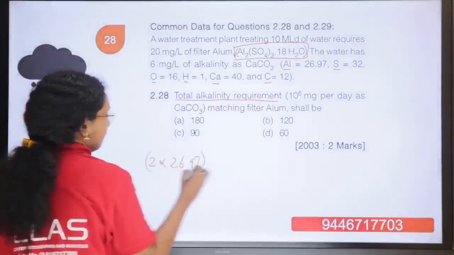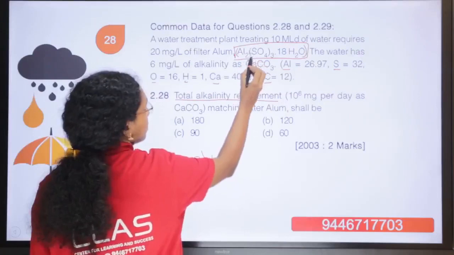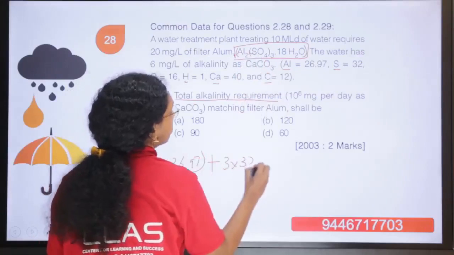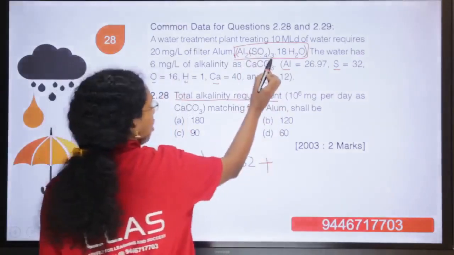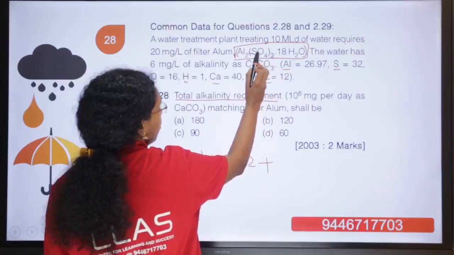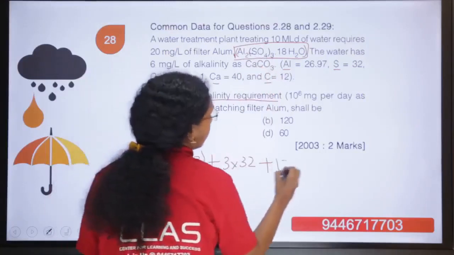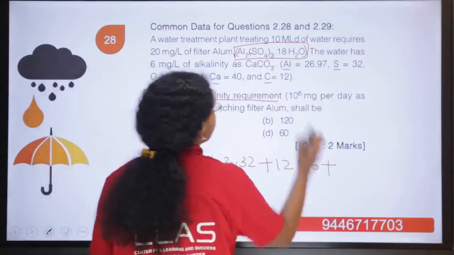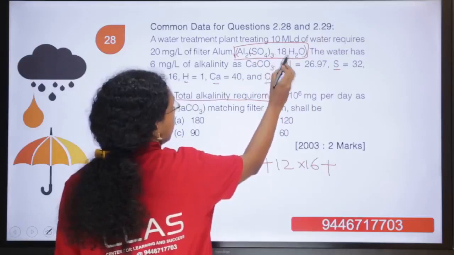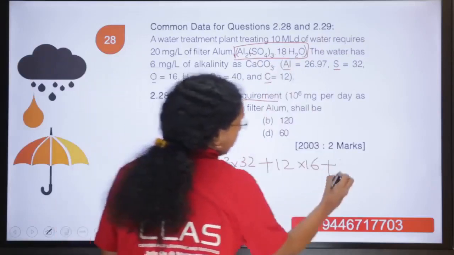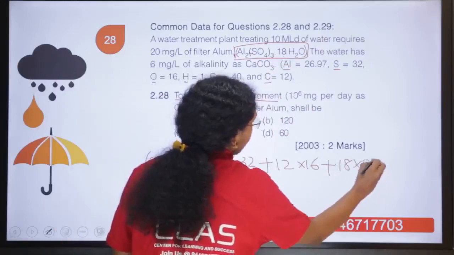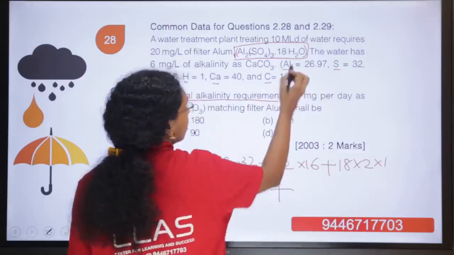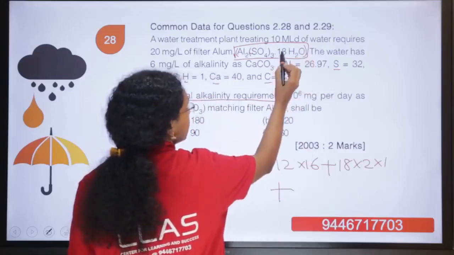plus how many atoms of sulfur are there? 3 atoms. So 3 into 32, plus now look at oxygen. How many oxygens are there? 3 into 4, 12 oxygen atoms. So 12 into the atomic weight of oxygen, 16, plus how many hydrogens are there? 18 into 2 atoms of hydrogen, and the valency of hydrogen is 1, plus oxygen, how many oxygen atoms are there? 18 oxygen atoms.